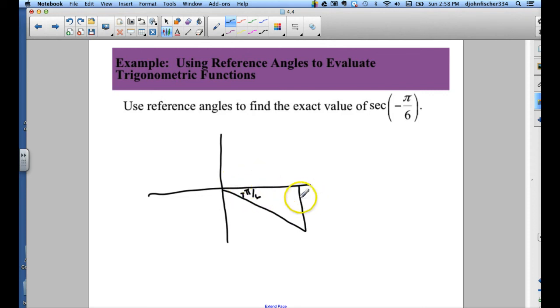So we're going to have 1, square root of 3 and 2, and still the same values, except this is going to be a negative 1. But we're going to do secant now of a negative pi over 6. What we know here is secant is r over x, so it would be 2 over the square root of 3, which is 2 square root of 3 over 3, as we go through here.